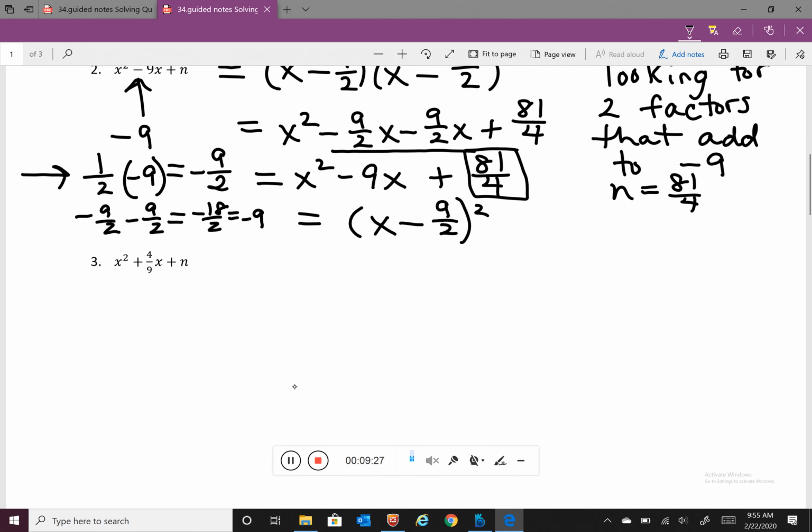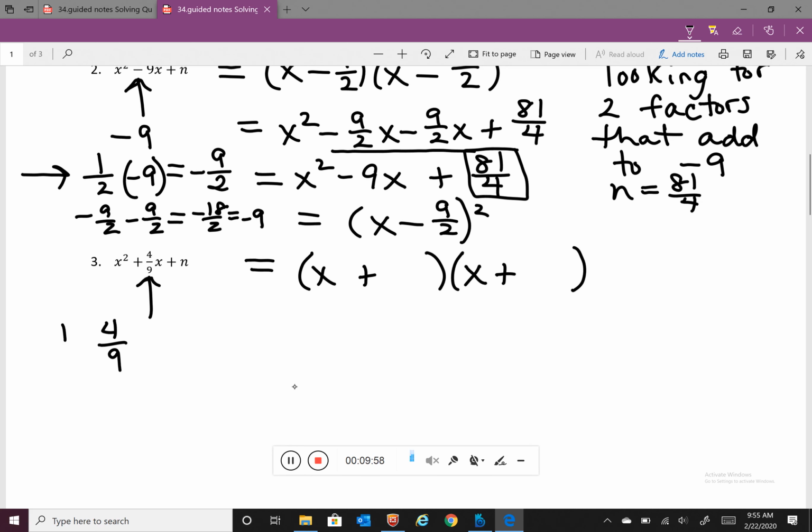Our next example, we have x squared plus, so this is going to give us x plus times x plus. And so now I need to focus on the 4 over 9. So we're looking for two factors that add to 4 over 9. So I need to take that 4 over 9 and split it into two pieces.